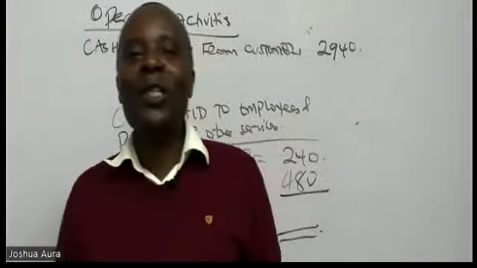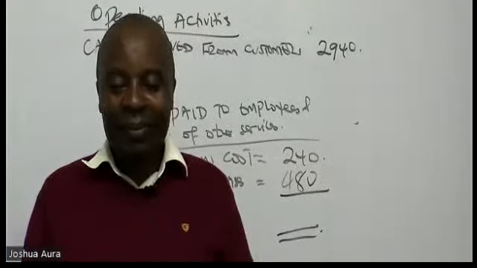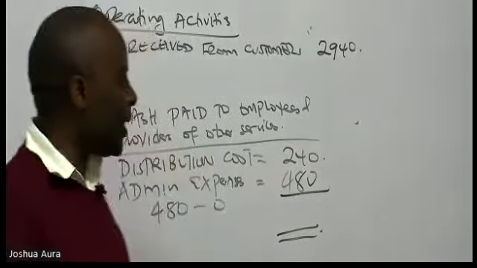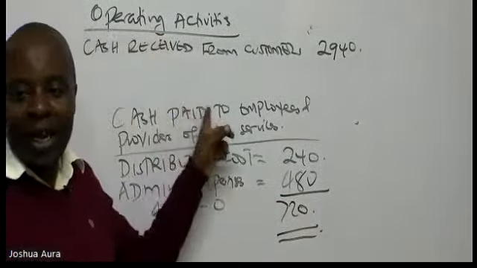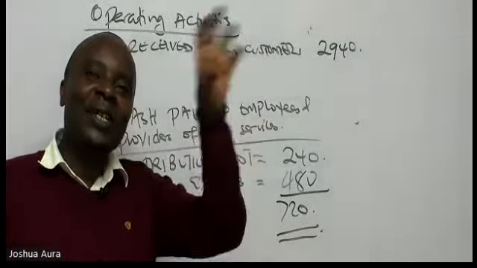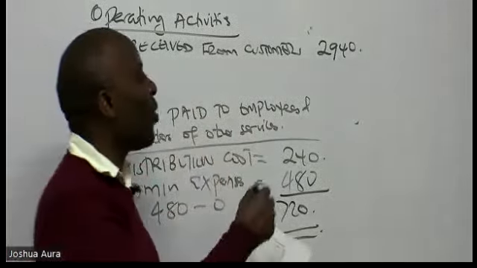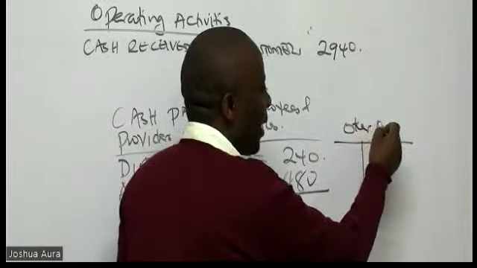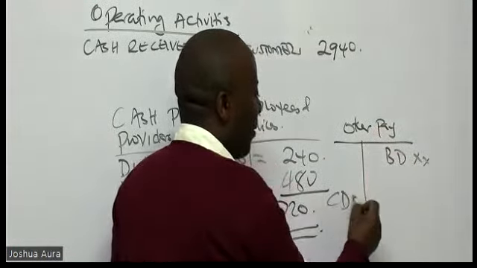Remember, in some questions, they'll give you what we call other payables. How I wish I had other payables. So like Eric is telling me this is 720. Other payables are not in the trade payables. Other payables normally come here. If I had an account called other payables, I would have created other payables, brought down, put a figure there, carried down, put a figure here.